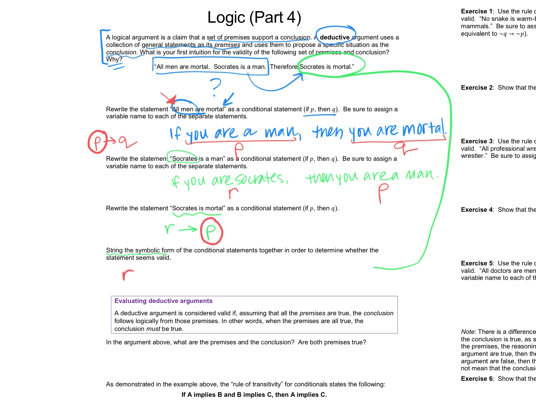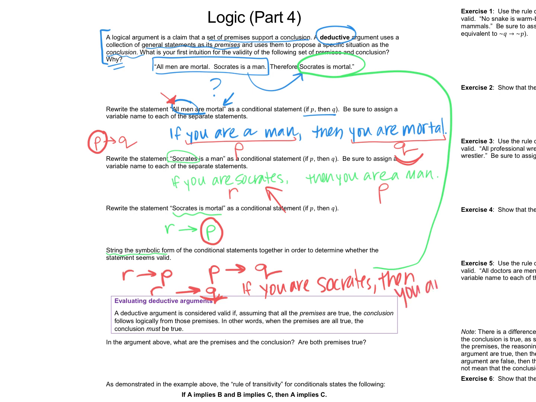So knowing that R implies P, if we have P, then we know that that will imply Q. So we can write this together and really say that R implies Q, where R was "if you are Socrates," then, and again Q was that you are mortal. So it does come up to that conclusion.